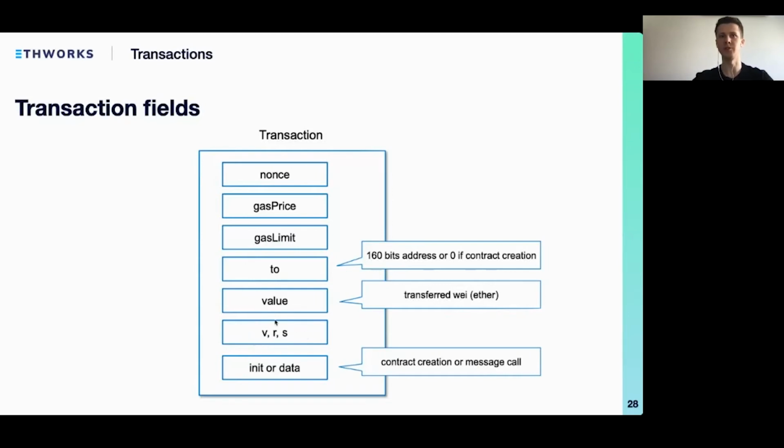And that's why you don't have a field called from, which would mean the sender of the transaction, because you can derive the address of the sender from the digital signature. The last field is called init or data. It depends on the type of transaction that you're making. If you're creating a new smart contract, this field is called init. If you're calling an existing smart contract, it is called data.